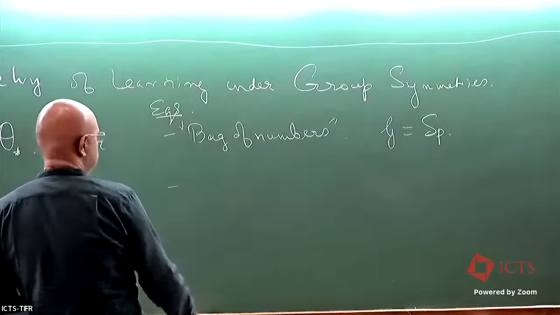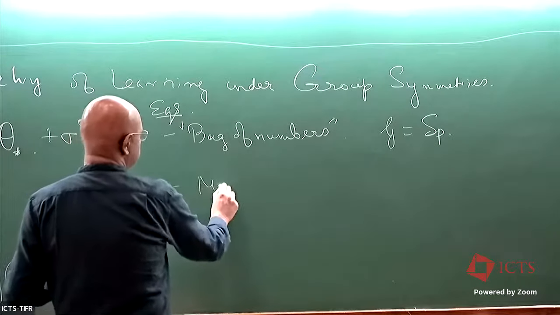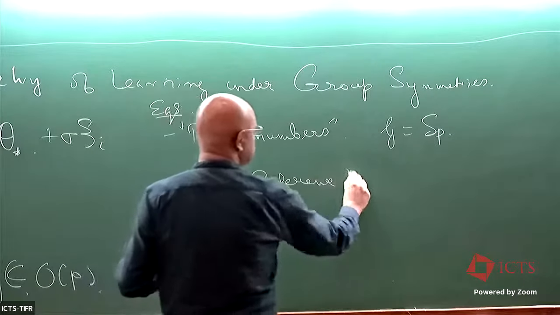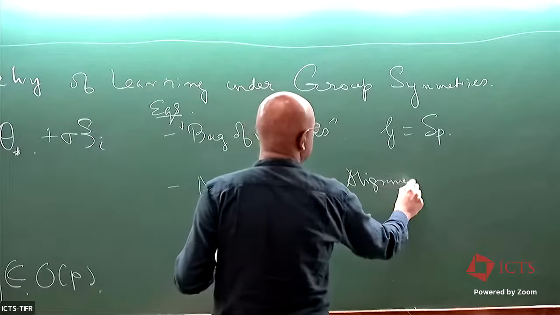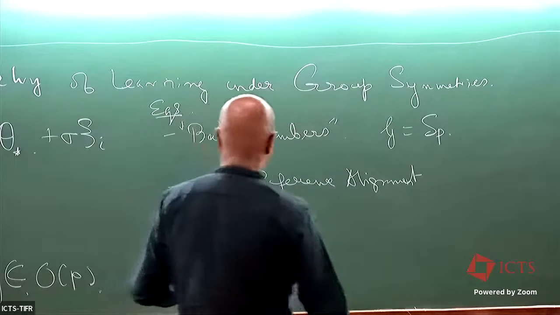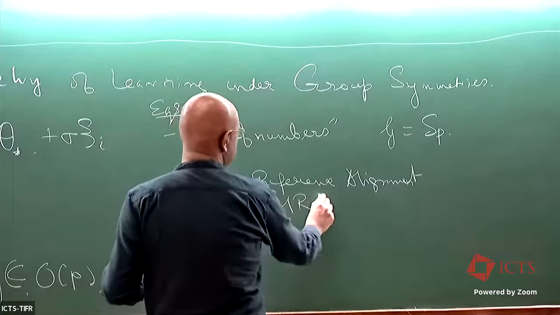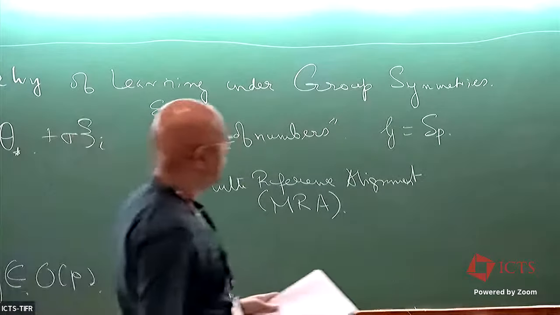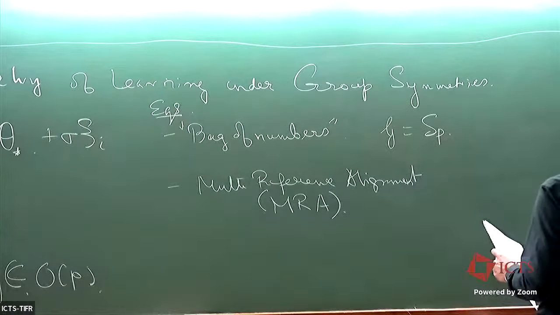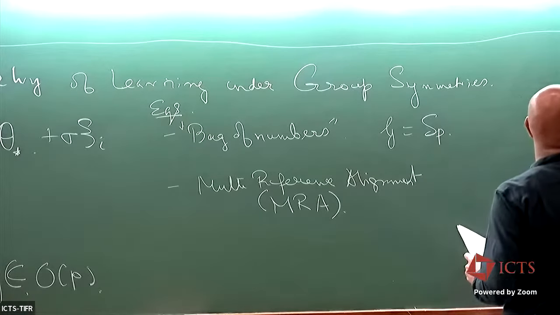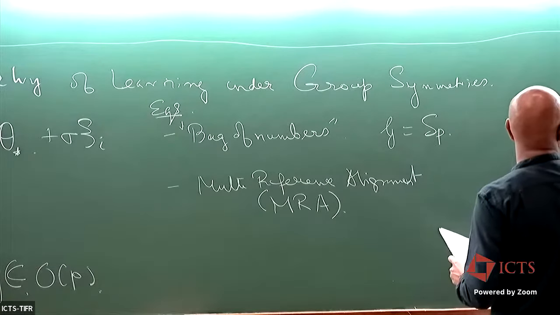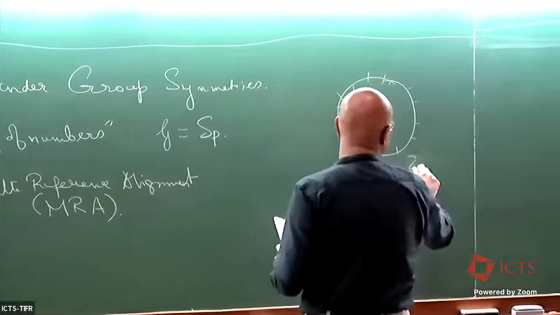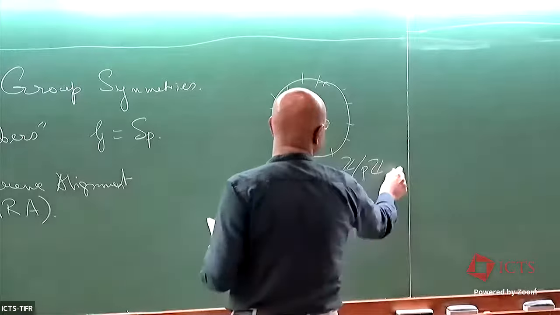Then we have the model of multi-reference alignment, the so-called MRA model. Here you think of a function or a vector living on the discretized circle. There are p elements here, and we will view it as Z mod pZ.